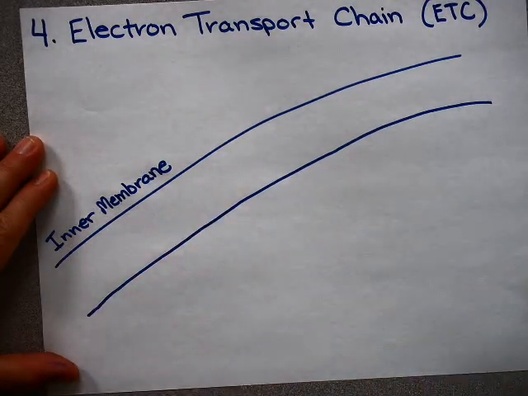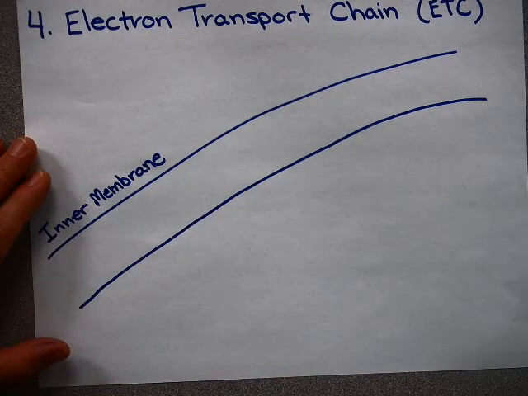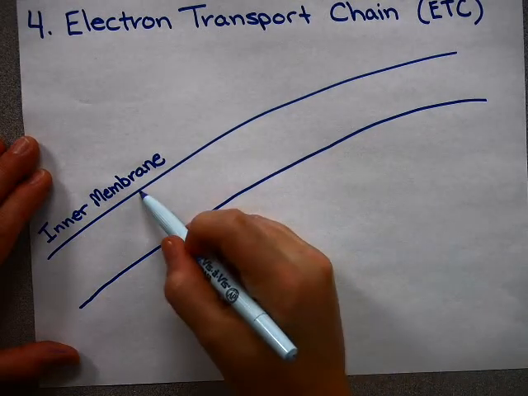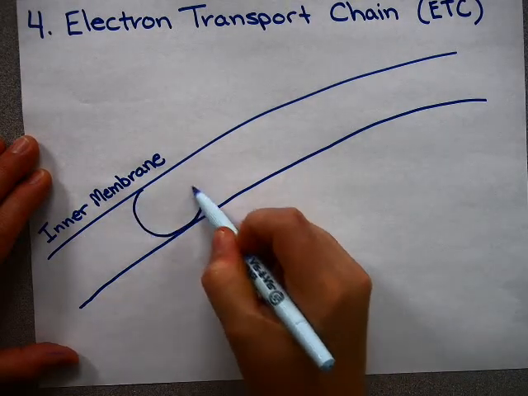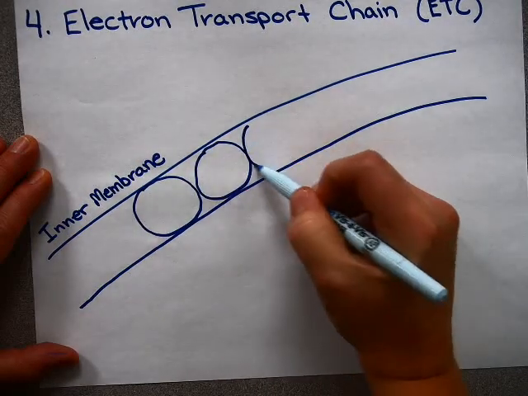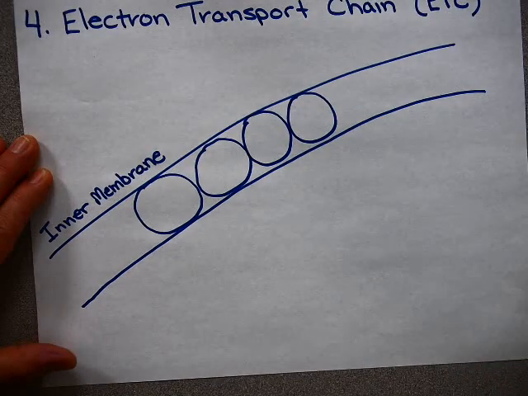Then, as I mentioned back in the last chapter, in order to do this, you need a metabolic pathway. You need a chain of enzymes. So because I have such great art skills, I'm going to portray those enzymes by making circles. Look at that.